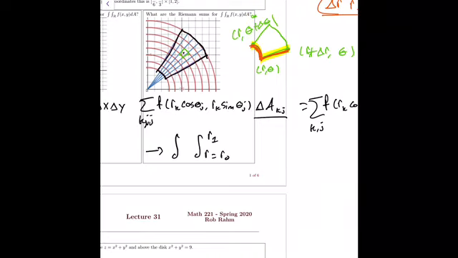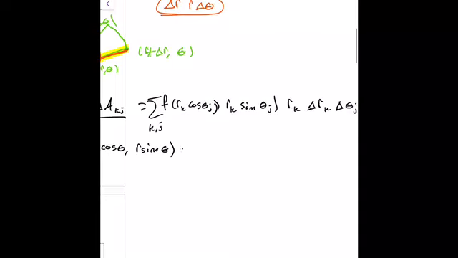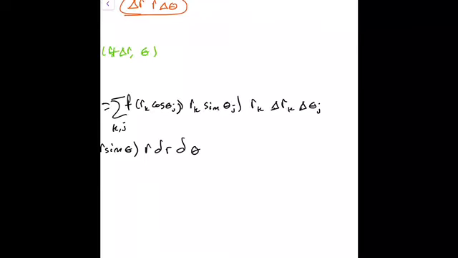r is going to go from r0 to r1. Theta will go from theta 0 to theta 1, and the function that we're integrating is f of r cosine theta, r sine theta, times r dr d theta. This extra r comes from this r right there.